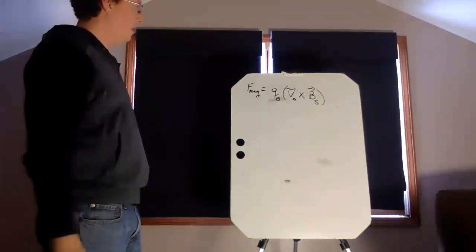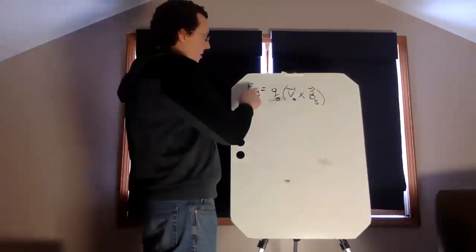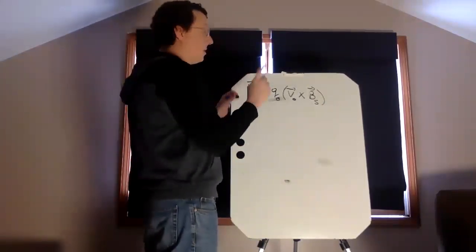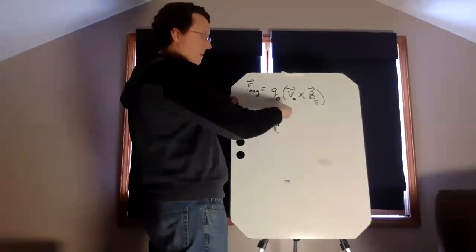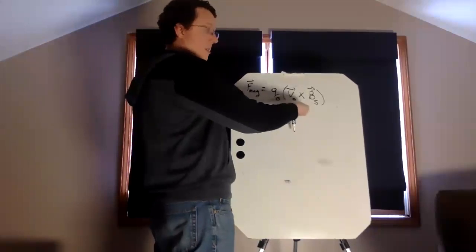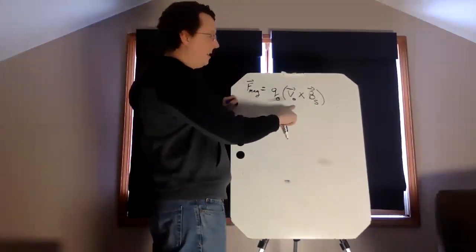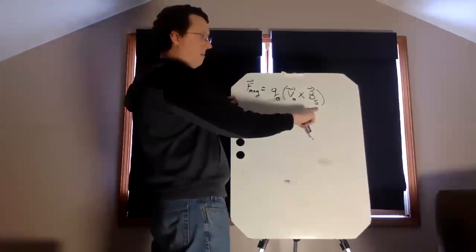First off, let's talk about units. This is a Newton, this is a Coulomb, this is going to have meters per second for velocity, and this has units of magnetic field.